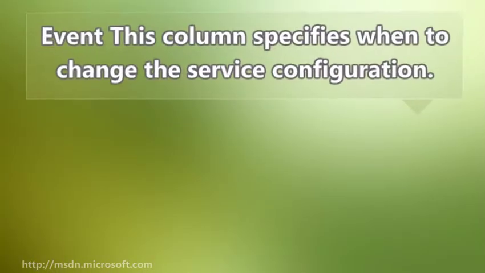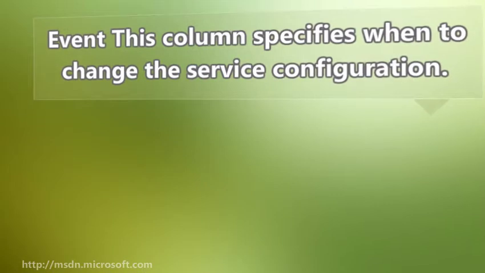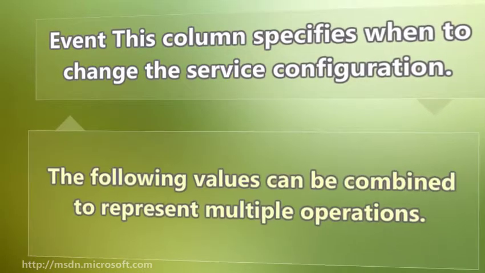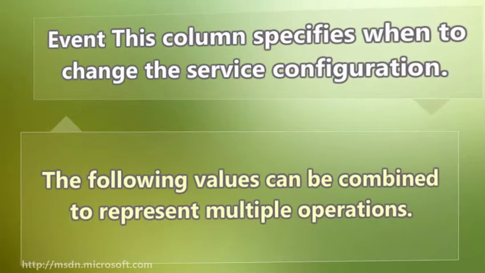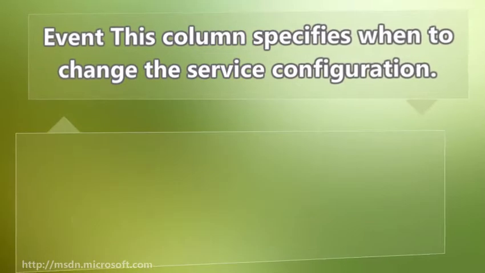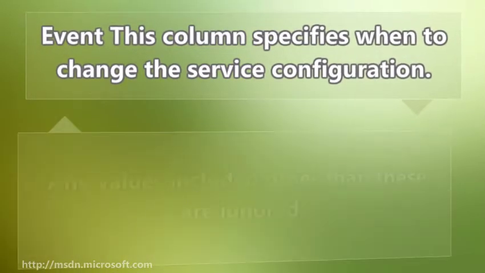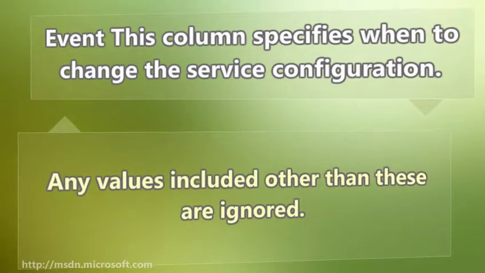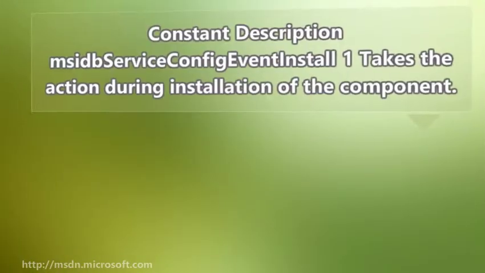Event. This column specifies when to change the service configuration. The following values can be combined to represent multiple operations. Any values included other than these are ignored. Constant, description.